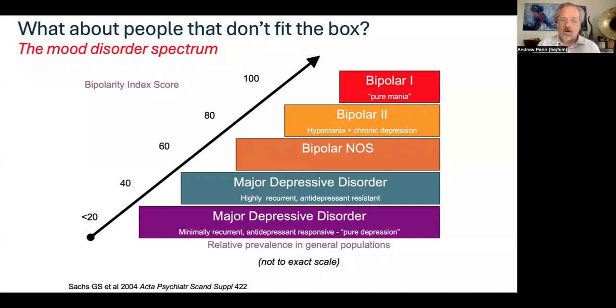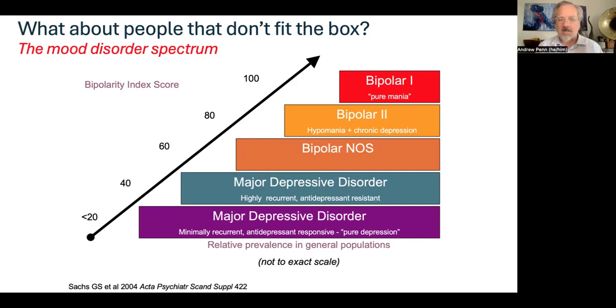So these are all conditions that have a depression component to them, but we can think of this probabilistically: the higher you are on this bipolarity index score, and I'll tell you how we calculate that in a minute, the more confident we can be that we are dealing with a bipolar disorder.